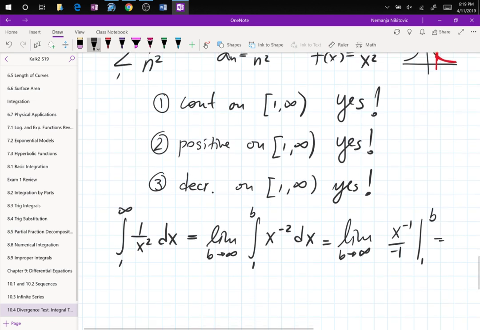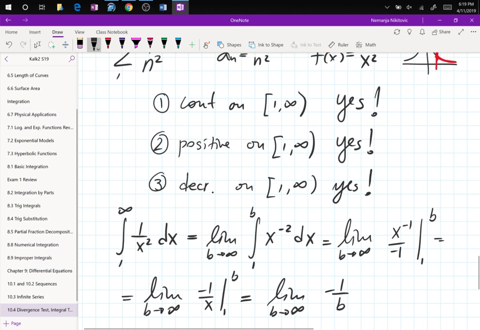Now this is just negative 1 over x, right? So we have the limit as b goes to infinity of negative 1 over x from 1 to b. Just to fix that a little bit, the limit as b goes to infinity of negative 1 over b plus 1 over 1. How much is 1 over infinity? 0. So the first one goes to 0. And the answer is 1.